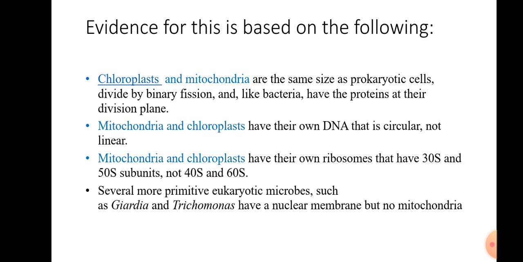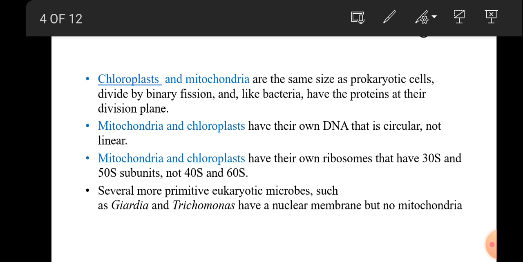Several more primitive eukaryotic microbes such as Giardia and Trichomonas have a nuclear membrane but no mitochondria. They lack mitochondria, but they have a nuclear membrane. We may take this as evidence of this theory of endosymbiosis.